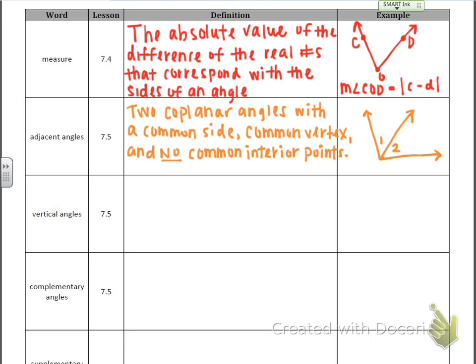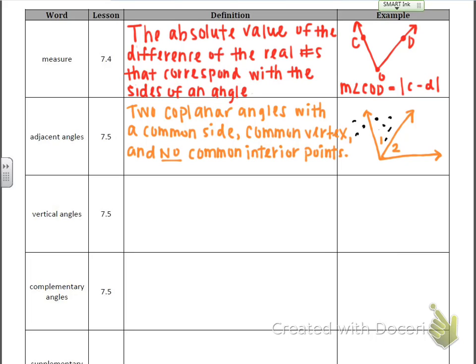Jonah, question. Okay, so interior points, going back to yesterday's lesson, the very top of your notes from 7.4, interior points are the points within the angle. So interior points for angle 1 would be anything in here.